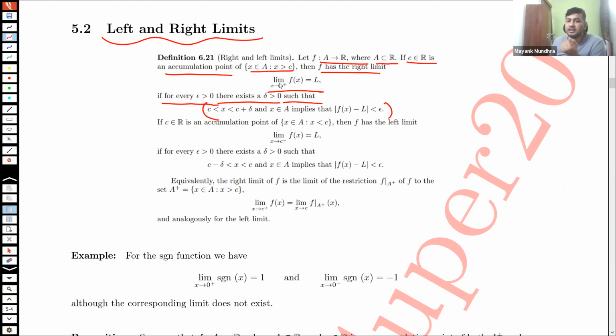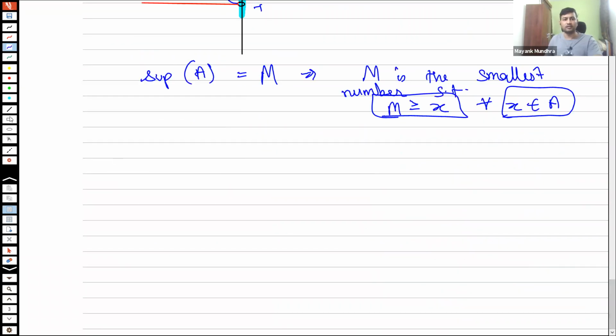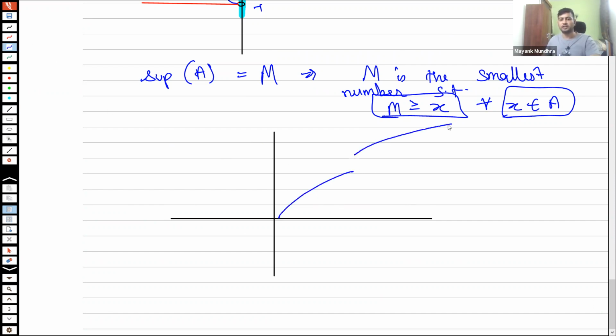Now we are saying that the right hand limit is for all x values strictly greater than c. Remember the graph I drew earlier about a function which had some sort of a discontinuity. If this were point c, when we analyze the right hand limit, we only analyze points to the right of c, and we look at what happens to the functional values there.